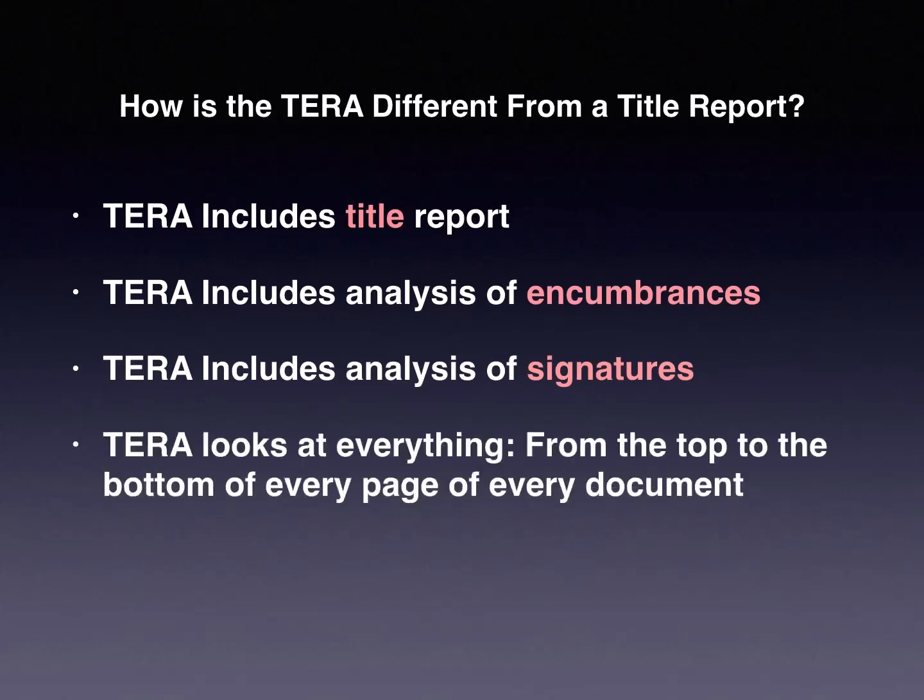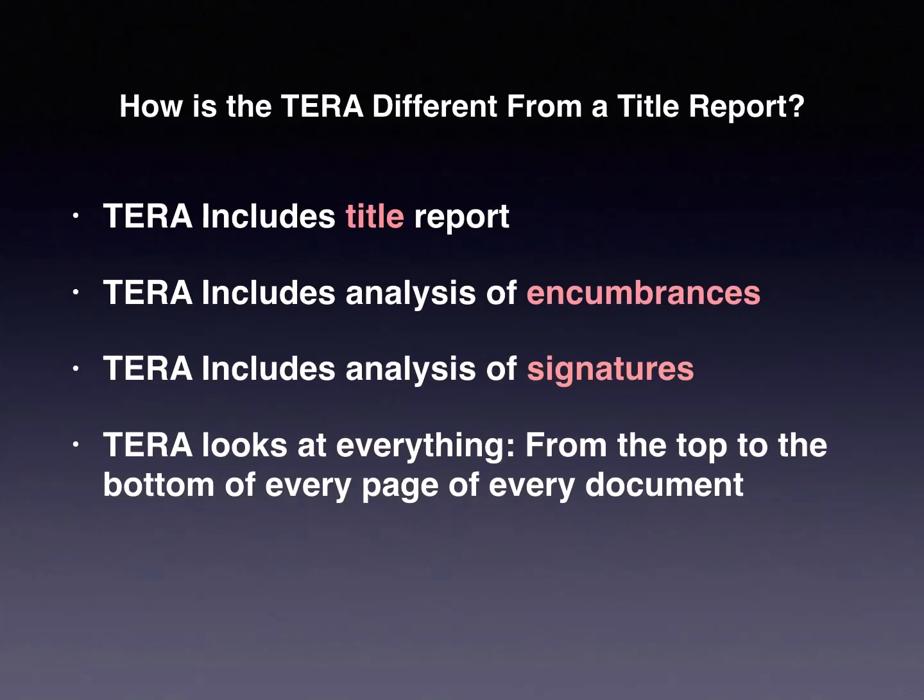So we look at everything from the top to the bottom of every page of every document. We're looking not only for things like barcodes and other codes in the upper right-hand corner, or the bottom of the page, etc., but also to see whether or not there's any evidence that the document has been copied multiple times in an effort to exclude something that is on the original, or in an effort to create the illusion that something is on the original that really isn't, and it's only on the copy.